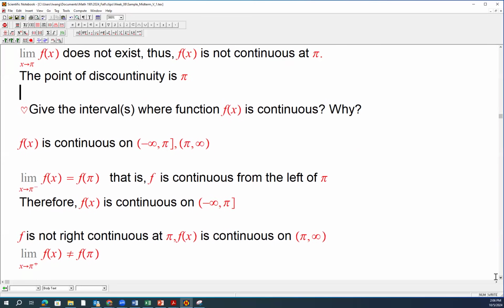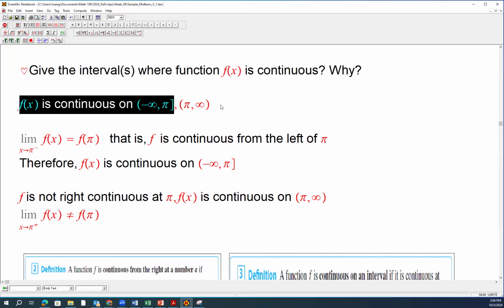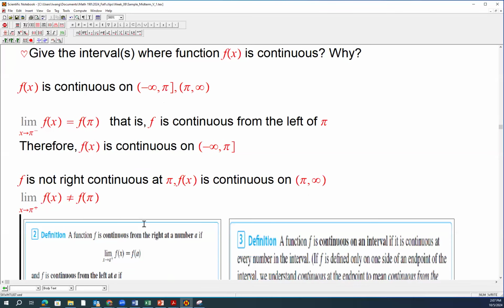Second one, after much study, we concluded that these two intervals are the intervals where the function is continuous, and why pi is included on this interval but not on the other interval. So that's the end for this question. I hope I made myself clear.